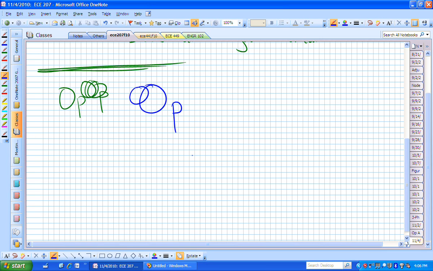That V naught equation only depends on R sub F and R sub I. Because of that, this particular device looks like, to that R sub L, the op amp is providing zero output impedance to that load. It's not impacting that load at all. It's just supplying the current that it needs, and it's not loading that resistor at all.